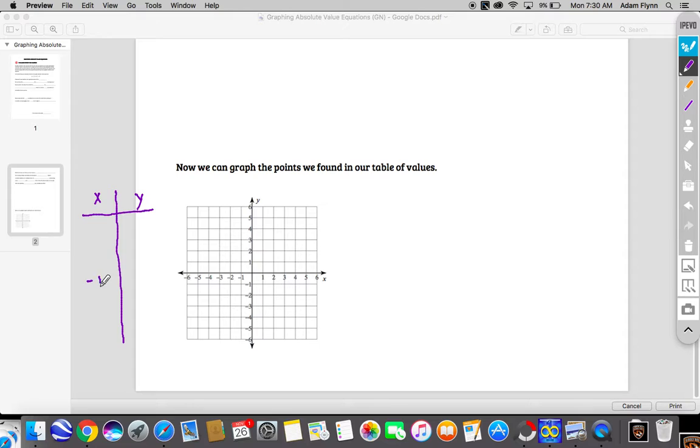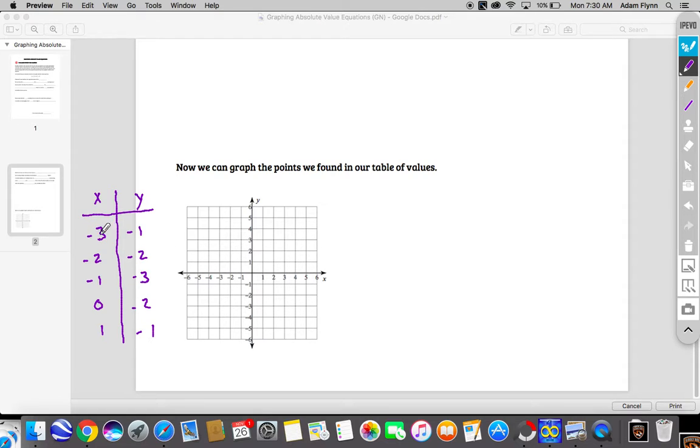We had negative 1, negative 3, negative 2, negative 2, 0, negative 2, 1, negative 1. Okay, so now I'm just going to graph these points.